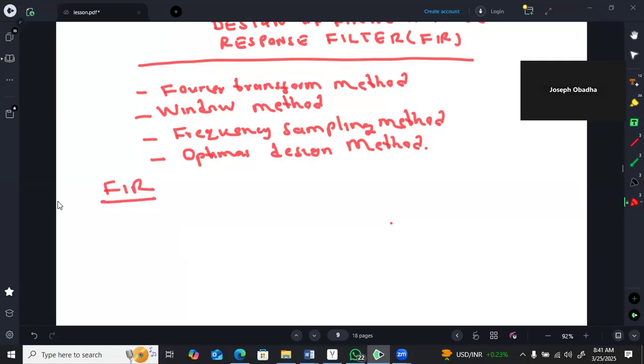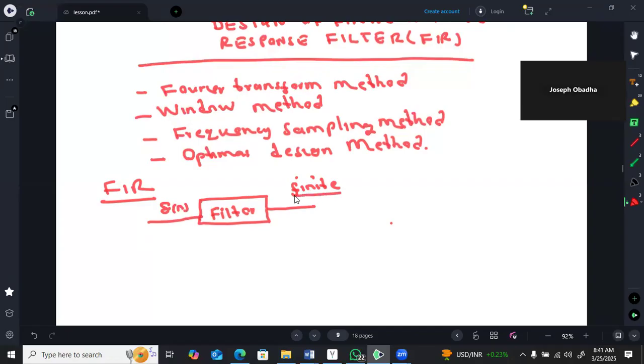So we saw that for a finite impulse response filter, if you have your filter, then you feed it with an impulse input, then the output would be an impulse response, which is finite, does not go on forever. Because even the input signal, if it is an impulse signal, let's say we have delta n, it is finite.